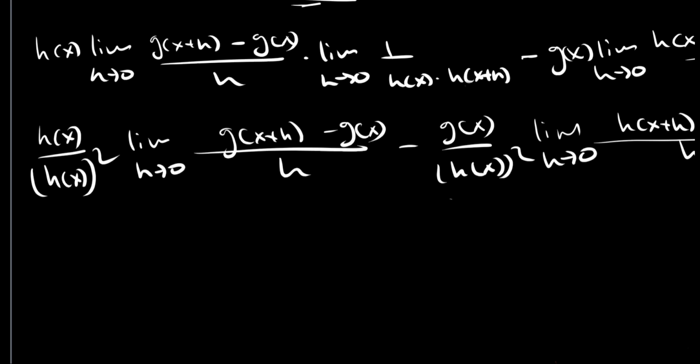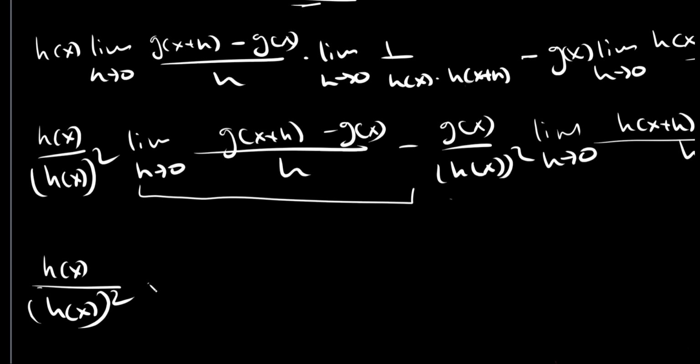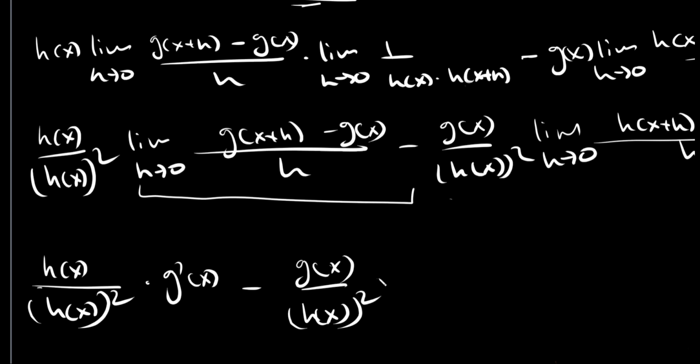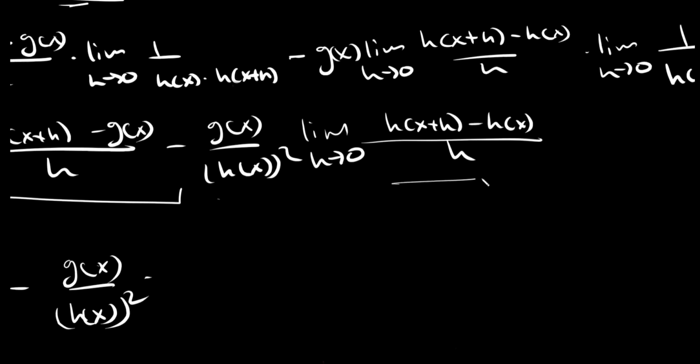So let's do this. Yeah, but h of x right here is going to stay the same. Same for h of x to the power of 2. Here is going to give me g prime of x minus g divided by h of x to the power of 2 times, here I'm gonna get h prime of x.